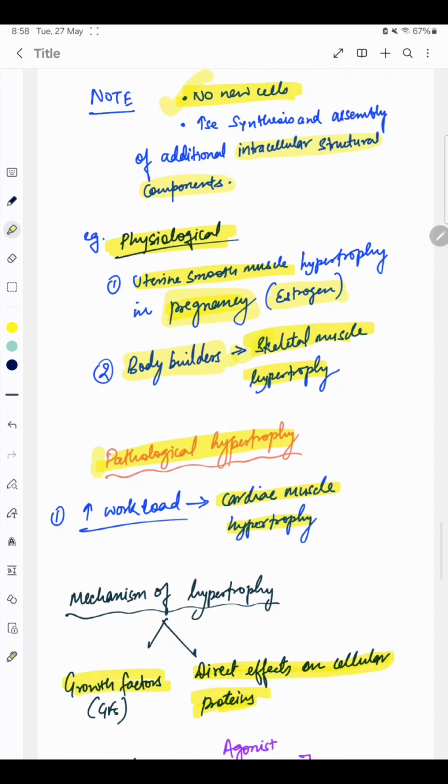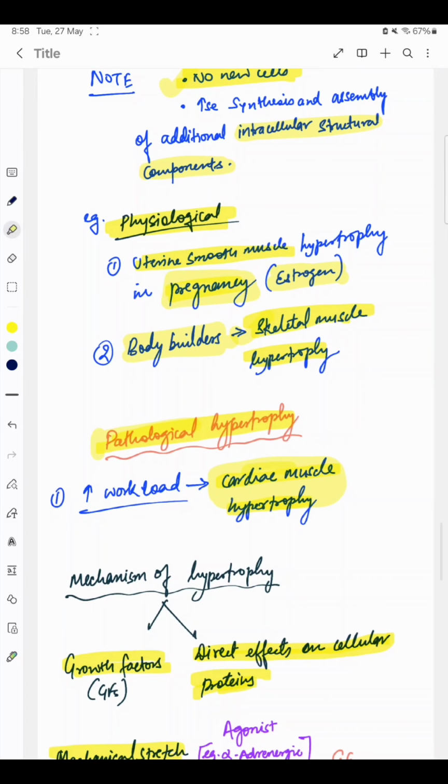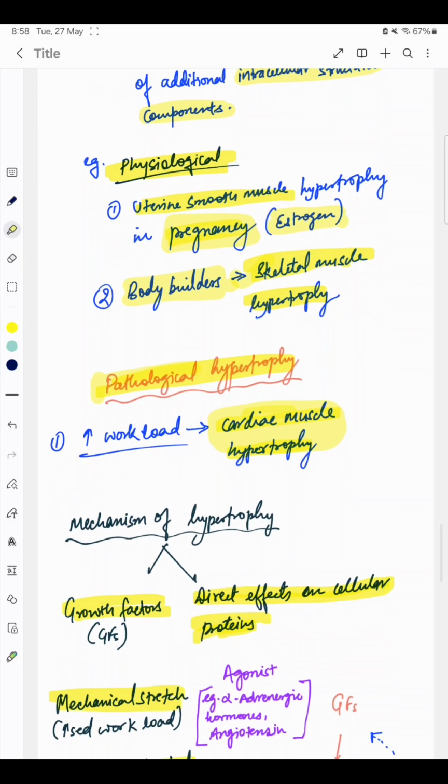In pathological hypertrophy, increased workload of the heart results in cardiac muscle hypertrophy. So these are the common examples of hypertrophy, physiological as well as pathological.